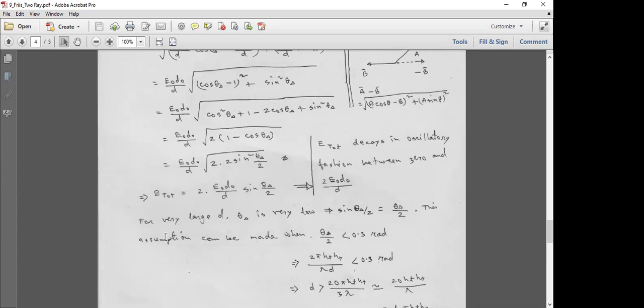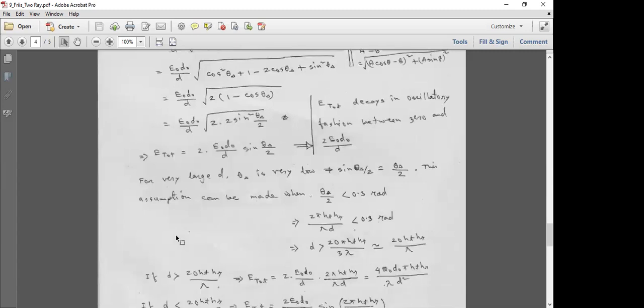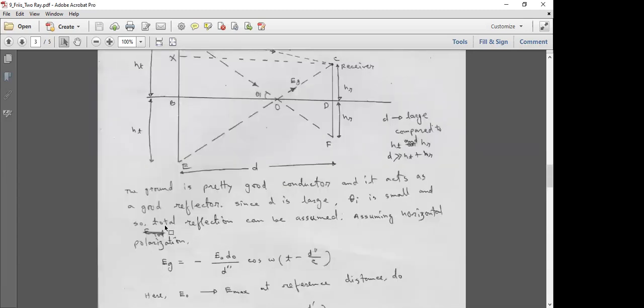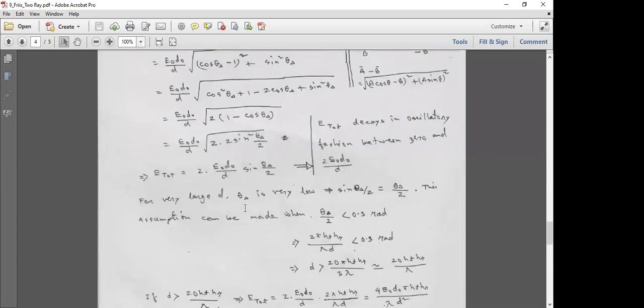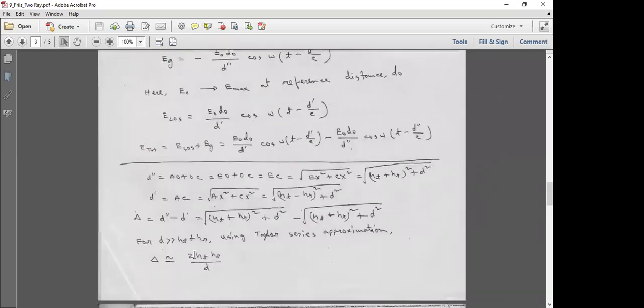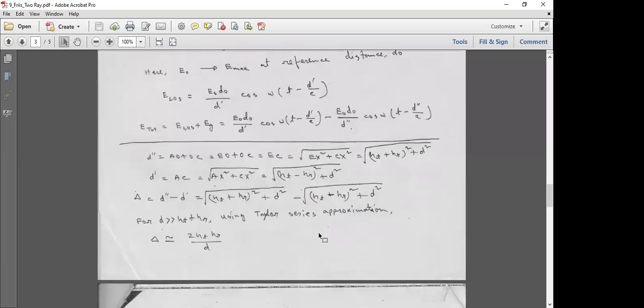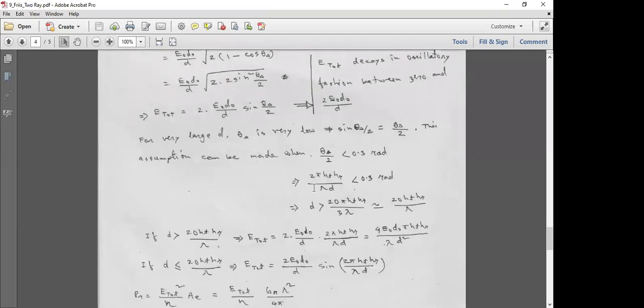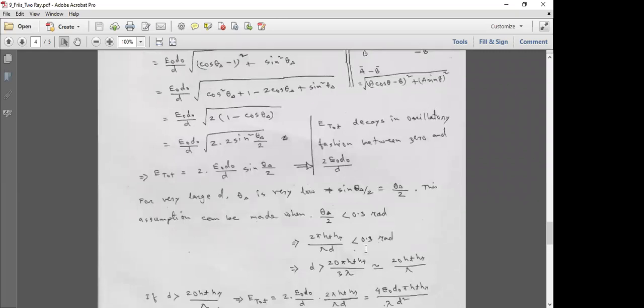However, for a very large D, there is another approximation we can do. Then theta will be very small, the path difference will be negligible. It depends on the comparison between the heights and the distance. If the distance is too large compared to the tower heights, then sin theta delta by 2 equals theta delta by 2.